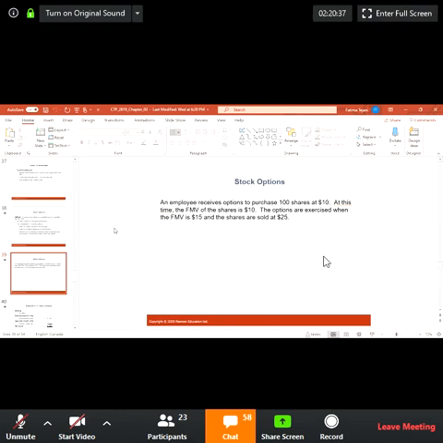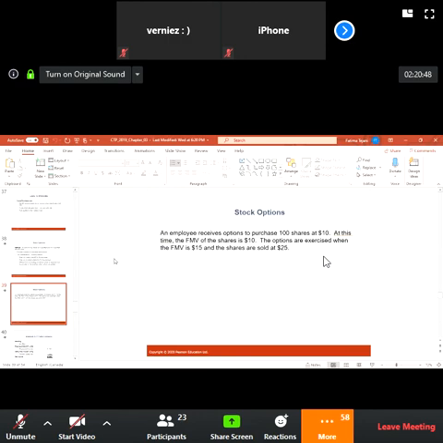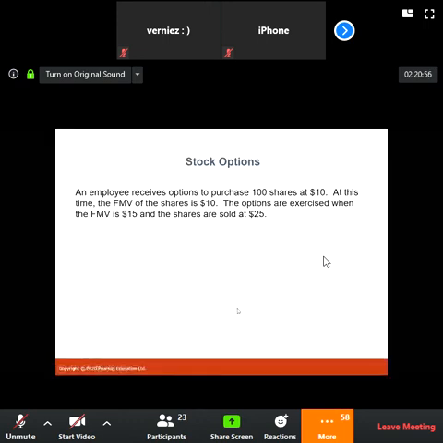So, for example, you can consider the stock option amount at certain situations in time. If the employee accepts that share, it's considered employment income and a taxable benefit. Now look at this example. An employee receives options to purchase 100 shares at $10.